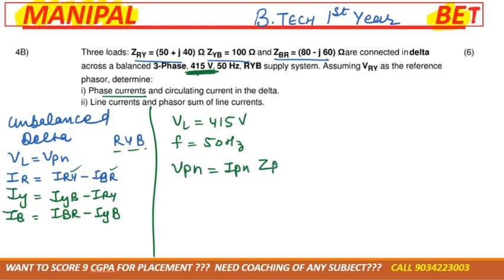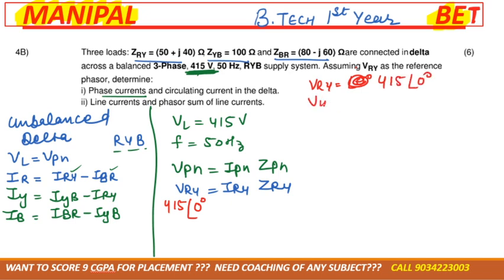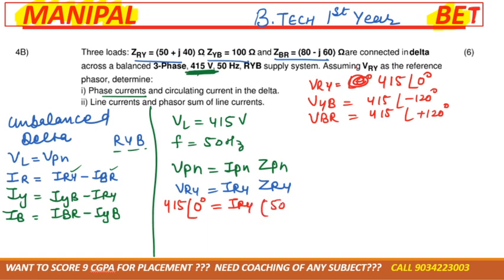I is equal to V by Z, correct? So let us consider first VRY is 415 at angle 0 degree. VRY magnitude is same, 415. VYB is 415 at minus 120, VBR is 415 at 120, correct? So IRY you need to calculate by Z.